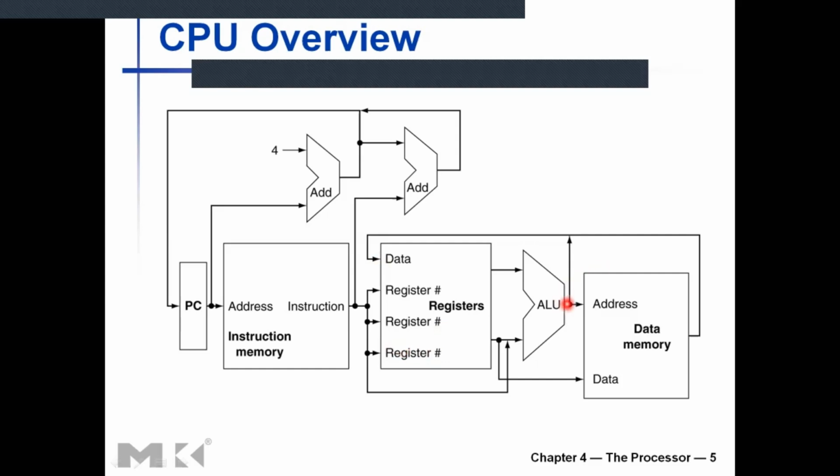If the ALU result is a memory address, then you can use that address to access the data memory, to read from that address or to write into that address. If you are writing into that address, you need to provide the data to be written into that address as well, and that is coming from the register file from this path.